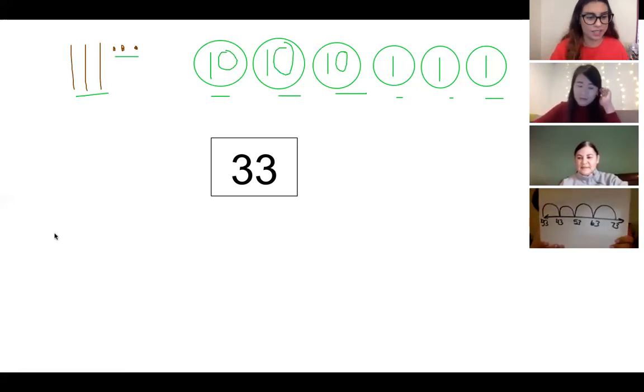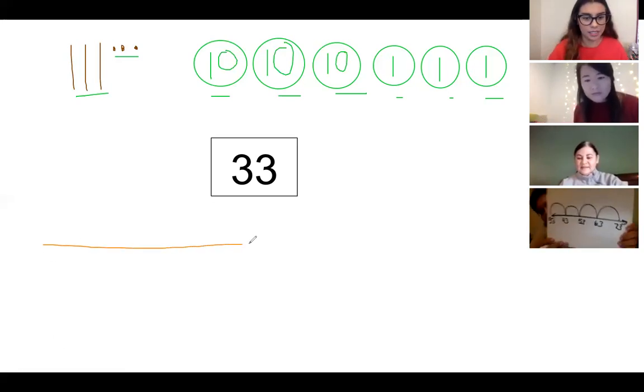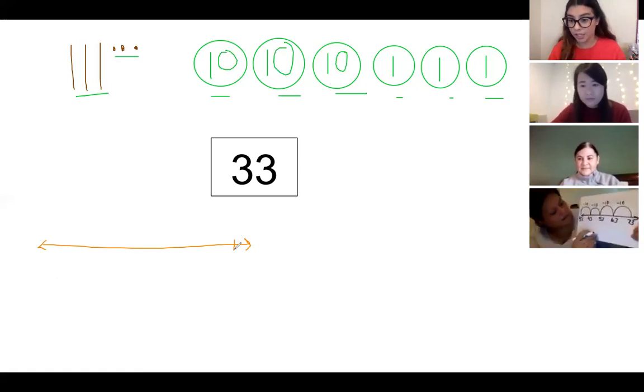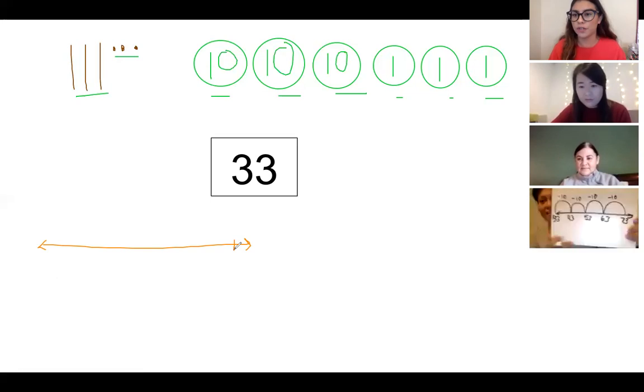Ooh, okay, so we used a number line. Yes, but I realized that I didn't indicate what my hops were. Okay, thank you for revising your work. So can you tell us, what did you do first? So first I looked at my 33 and I thought to myself, well, if I wanted to end in 33 as my response, my minuend needs to be larger.